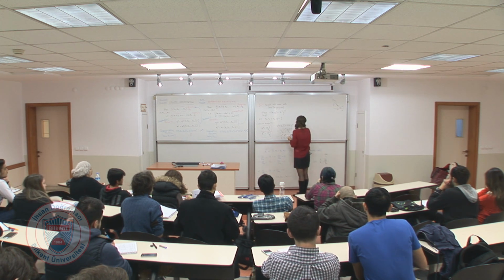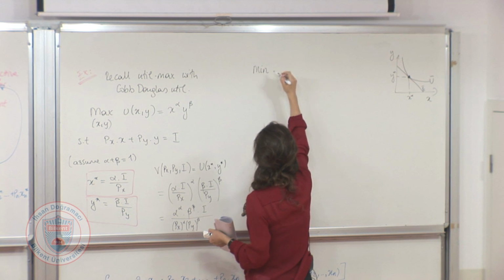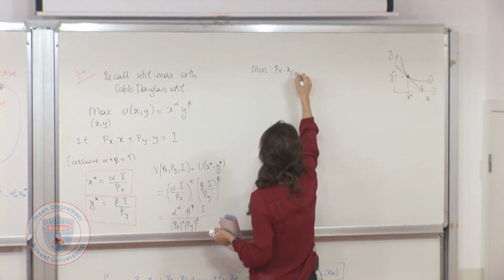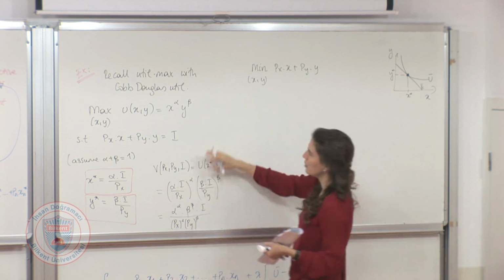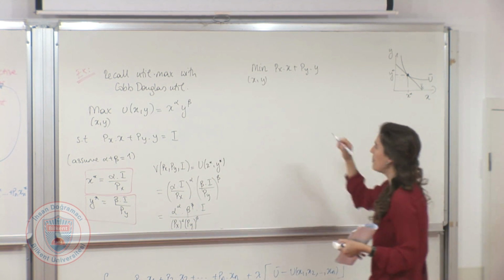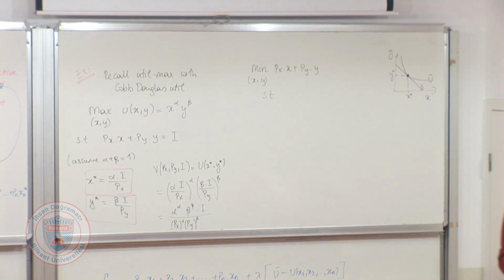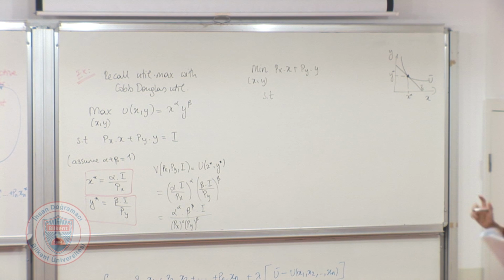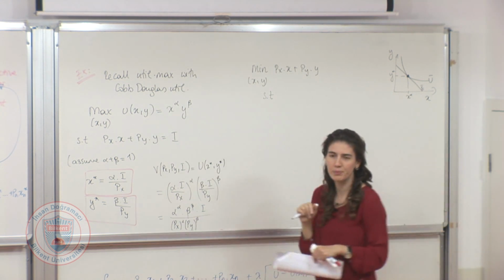So now we're going to write down: minimize px times x plus py times y, over x and y. Subject to, this time, what is my constraint? You guys tell me. Now I'm going to reverse these, since I'm solving the expenditure minimization problem.